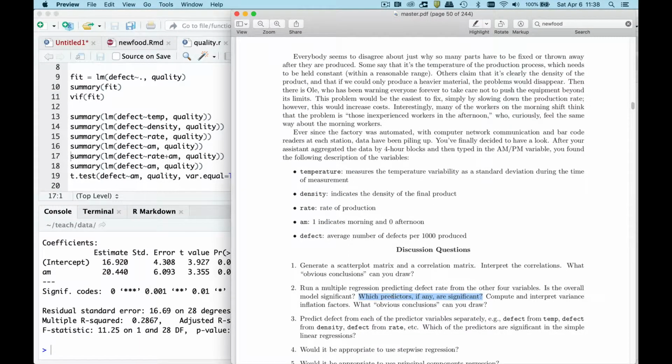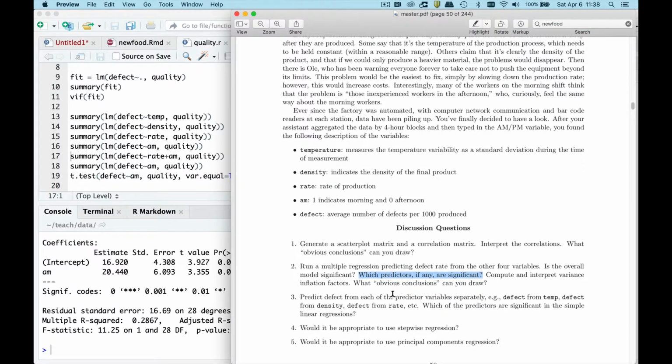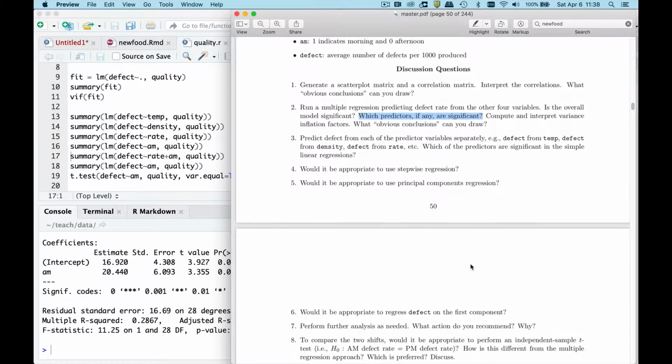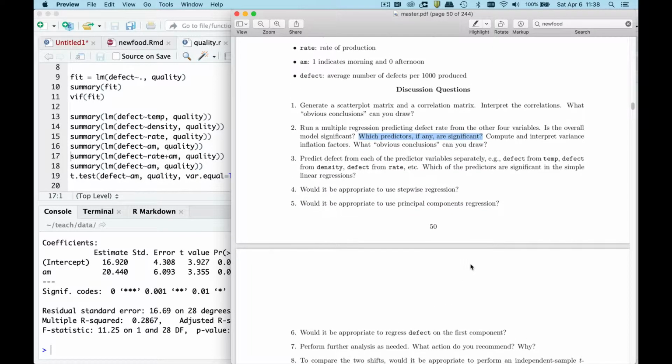All right, so would it be appropriate to use a stepwise regression? We haven't really talked about stepwise or principal components yet, so we're going to just disregard those for now. So the question is, what do we conclude here?